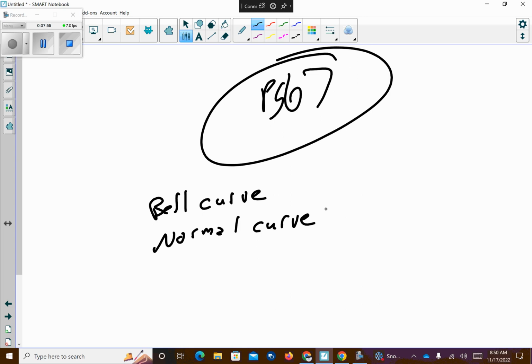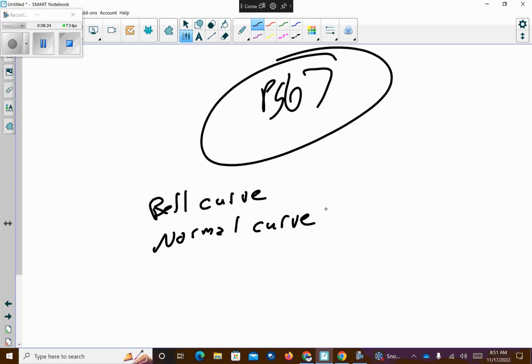Now, when you get raw data, if you just try to plot raw data, such as test scores, it probably won't come out looking like a normal curve. So you have to make it fit a normal curve, meaning you would have to find the mean.